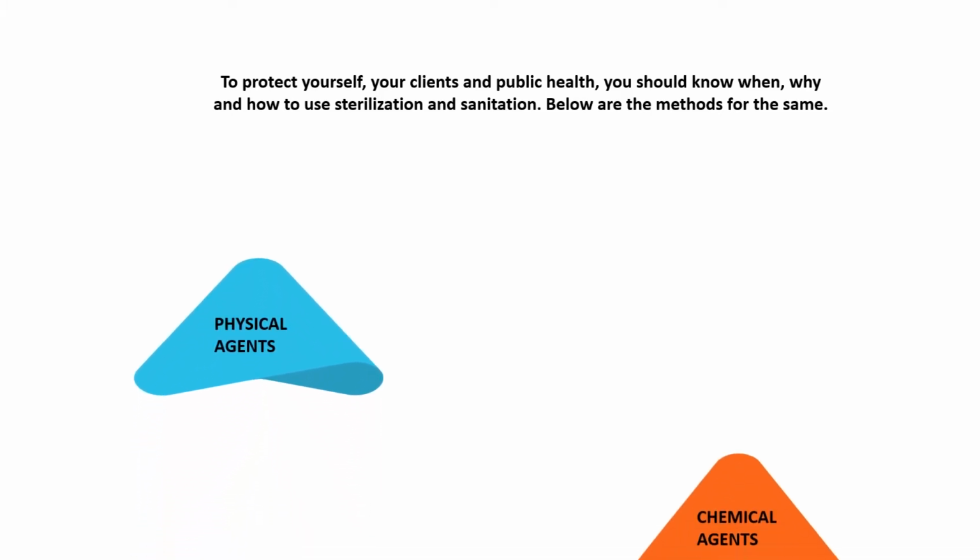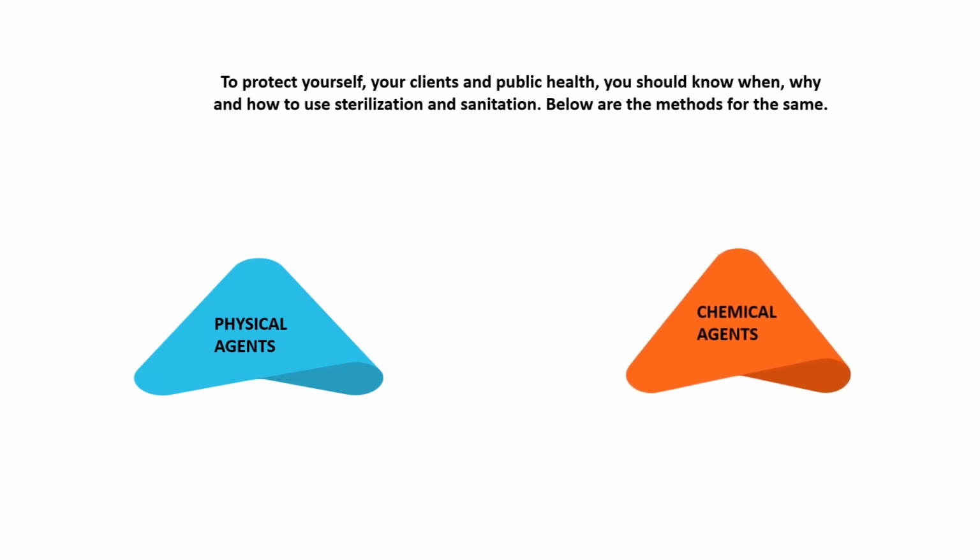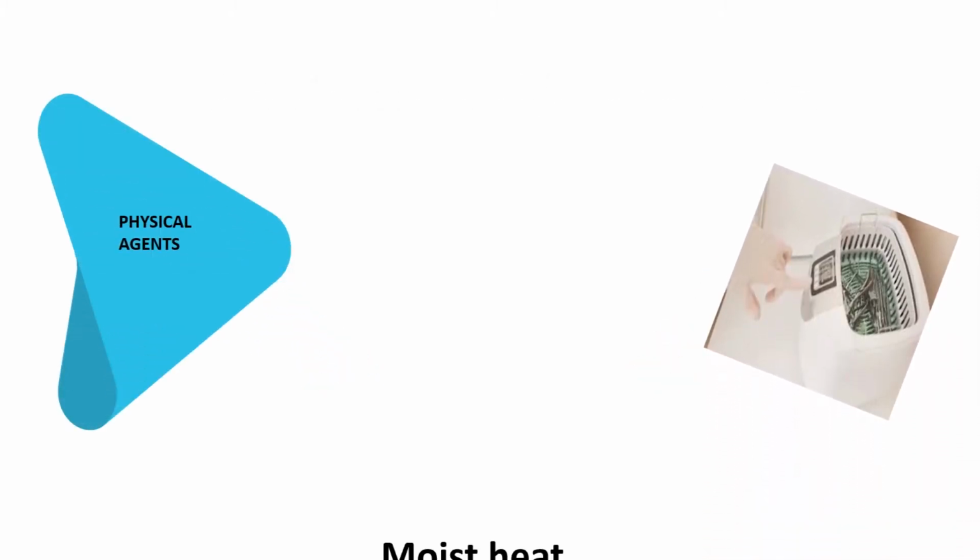First is physical agents and chemical agents. Let's see what are the methods which are covered under physical agents. The first one is moist heat.